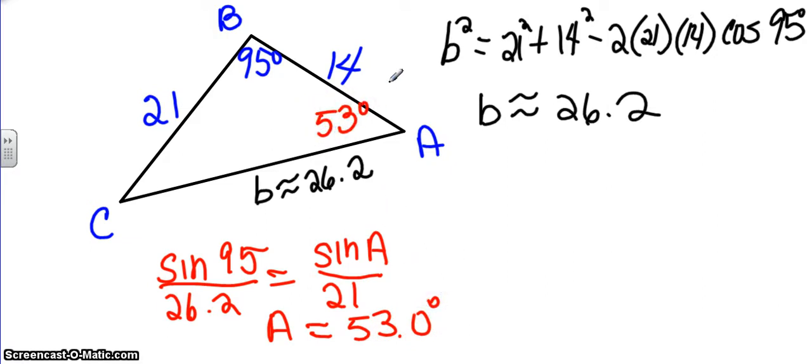And now the last one I have to do is find C, and angle C is just 180 minus 95 minus 53, so that would be 32 degrees.